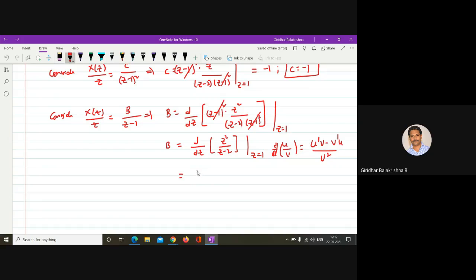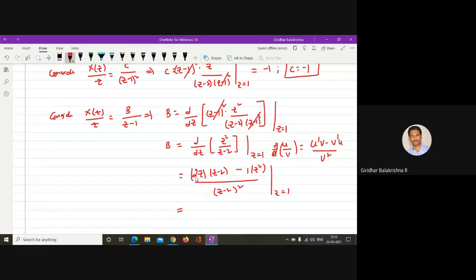So u dash is 2z, into v, which is z minus 2, minus v dash, which is 1, into z square, by (z minus 2) whole square at z equal to 1.